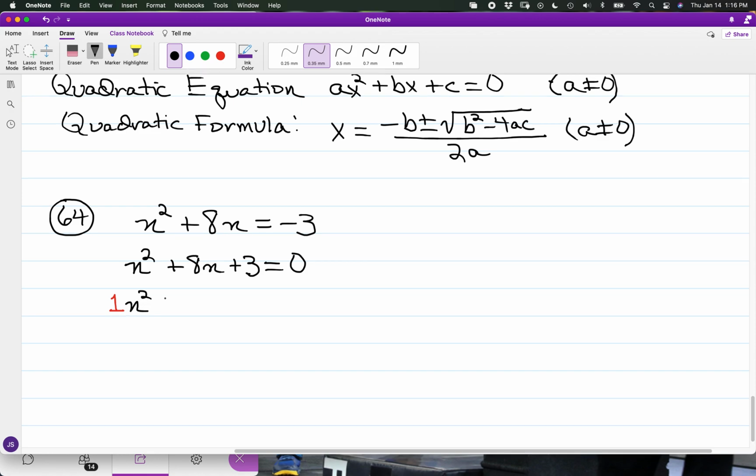We have 1n squared plus 8n plus 3 is equal to 0. So a is equal to 1, b is equal to positive 8, and c is equal to positive 3. Now again, we have a different letter to solve for in n.